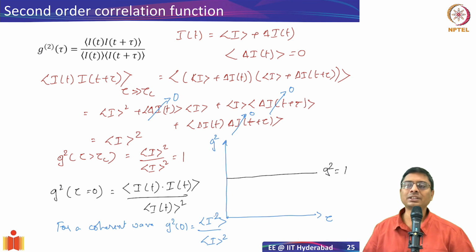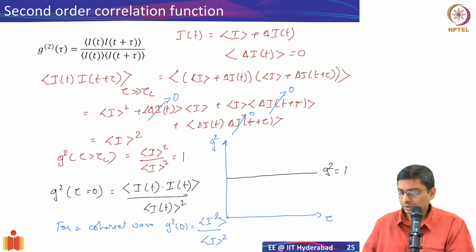But if you have a random fluctuating source like a thermal source, for time greater than the coherence time you get G2 of 1. But what happens at time equal to 0? Now there are fluctuations, and those fluctuations are getting squared.